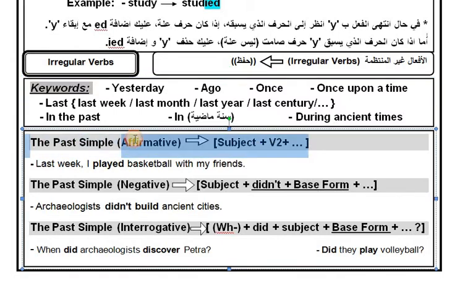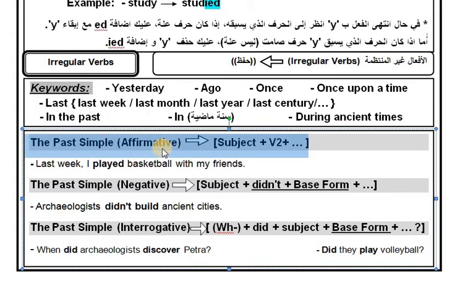بكل تنس رح نشوف إحنا الفورم بحالة الأفirmative الإثبات، negative النفي، interrogative الاستفهام. Let's start with the first one, the past simple affirmative.